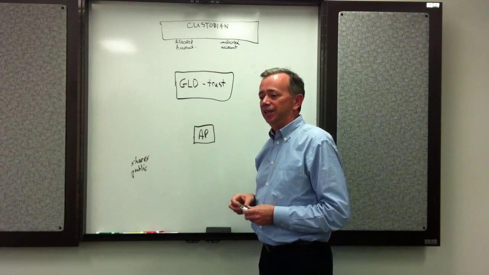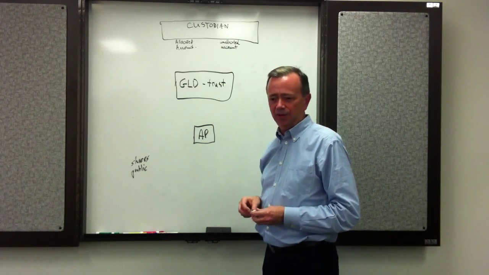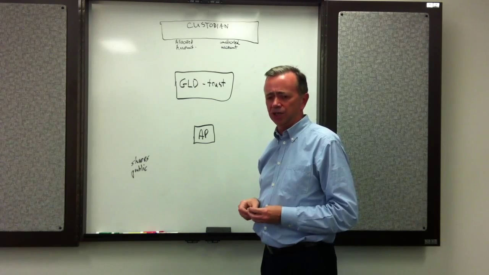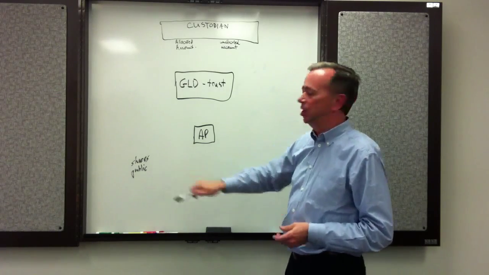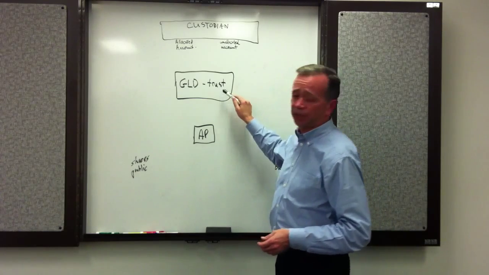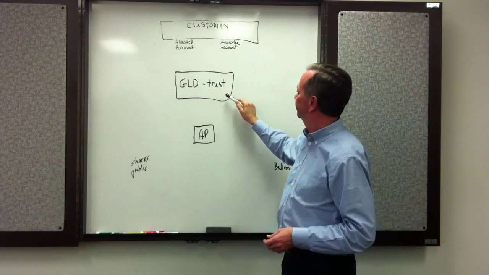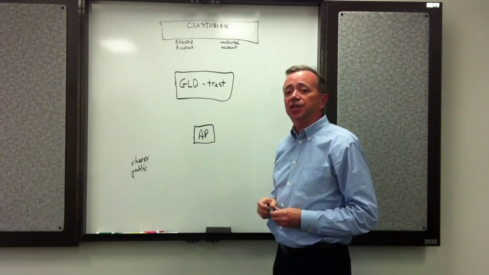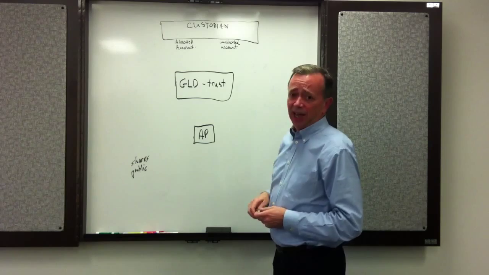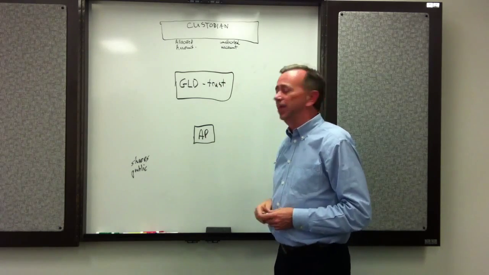And so, if you're one of these people owning the shares, what do you own? You know, when you own the share of a company, you are a part owner of the actual company. What do you own here? You own shares of this trust, okay? And what does this trust own? This trust has an account with these guys.